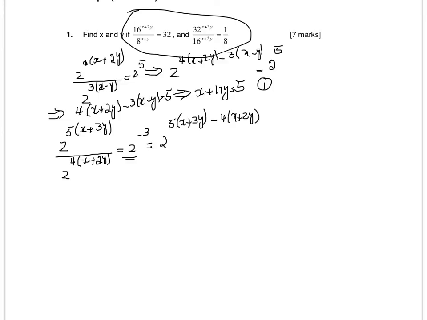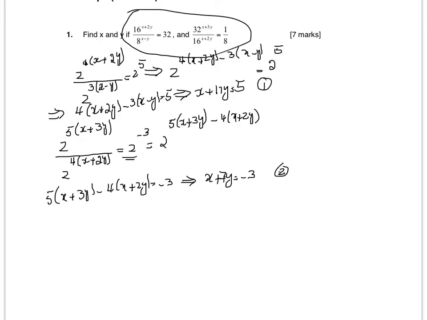Since the bases are the same, the exponents have to be equal, so we get 5 times x plus 3y minus 4 times x plus 2y is negative 3. If you simplify this one, you get x plus 7y is equal to negative 3. This is equation 2.